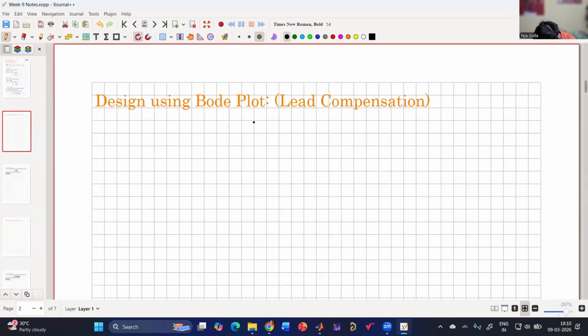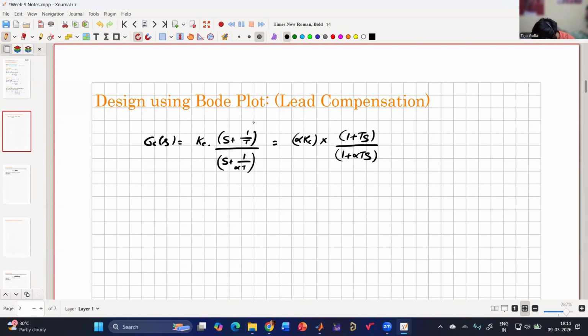As we know, the GC of s is Kc into s plus 1 by T. I am calling tau as T so that it is the same representation that sir has used. So now it will be alpha into Kc into (1 plus Ts) by (1 plus alpha Ts).